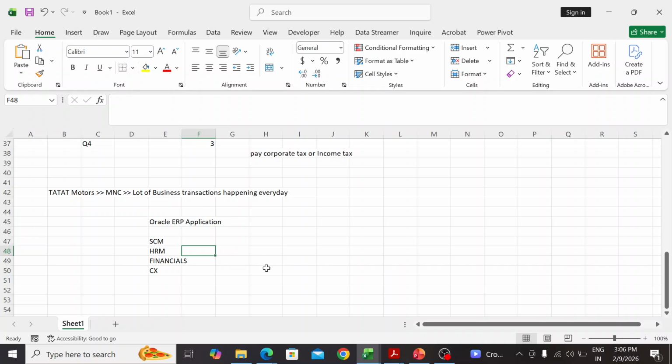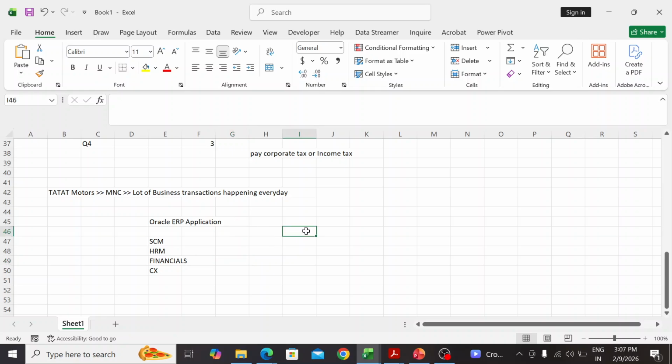Based upon their requirements, they will go for the licensing of these streams, and they will go for the implementation of these streams. So how and where does the exact point of implementation start? Whenever Tata Motors decided to go with the Oracle ERP application, what will they do?